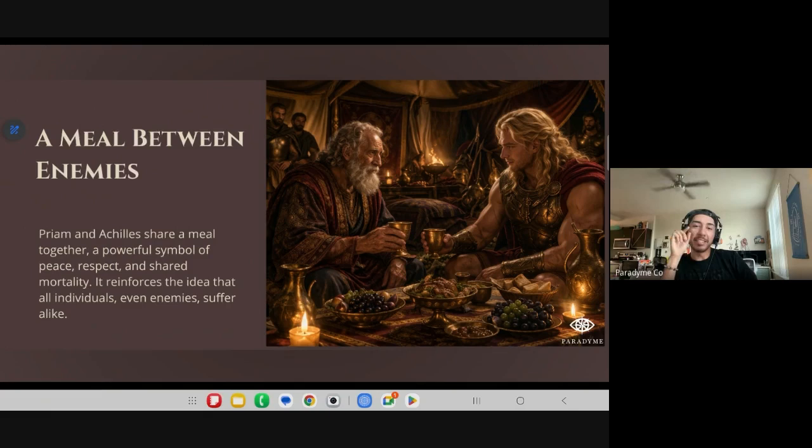Yeah, no, this was my favorite. I think the meal scene was really epic. I like this one right here because, again, King Priam, back in his day, was a guy that did so much that he had 50 sons and a kingdom. But what's it all for? He lost all of his sons. Now he's just an old man.